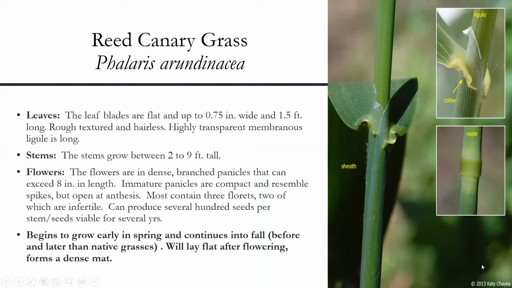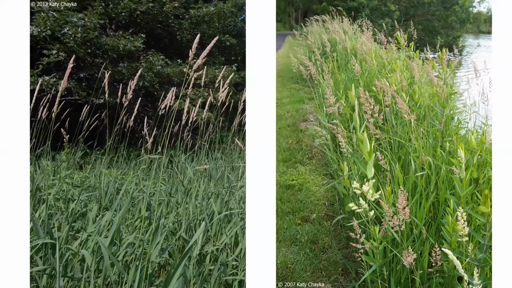They can get quite tall, anywhere from 2 to 9 feet. And we'll see in the next picture, the panicle or the seed head starts really closed off, and then as it matures, it opens up. So you can see it here.